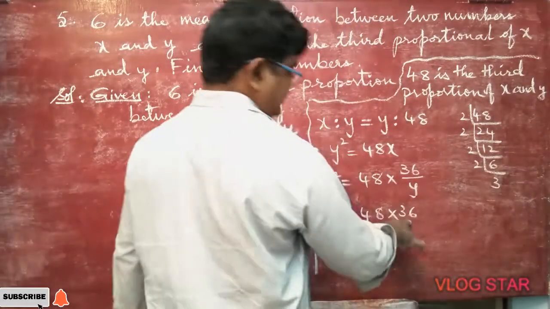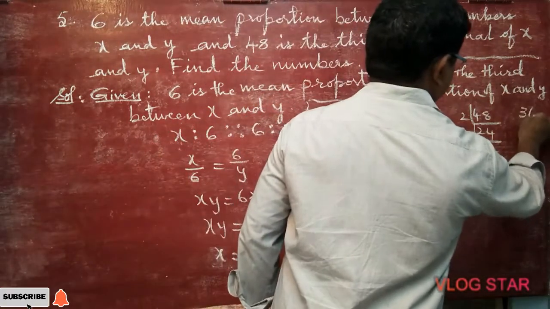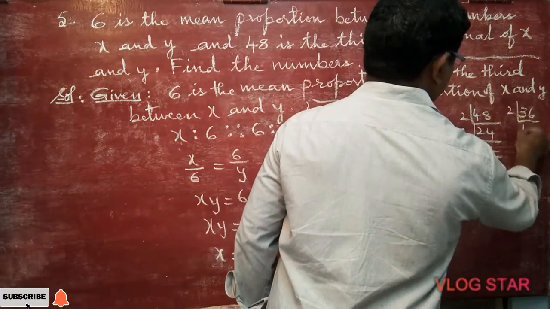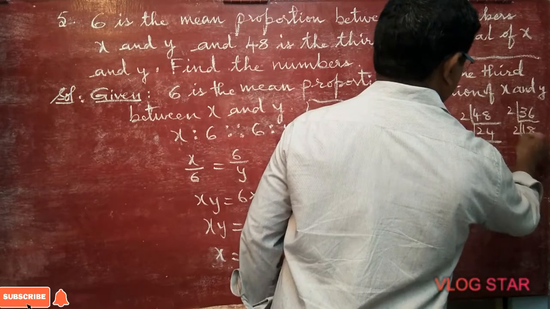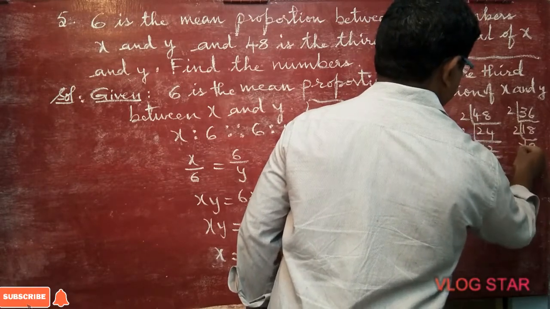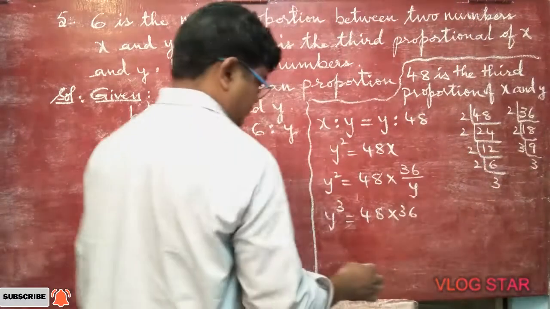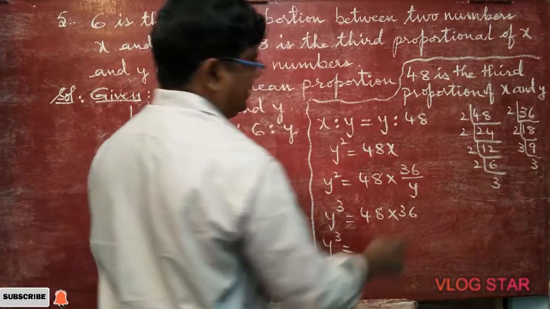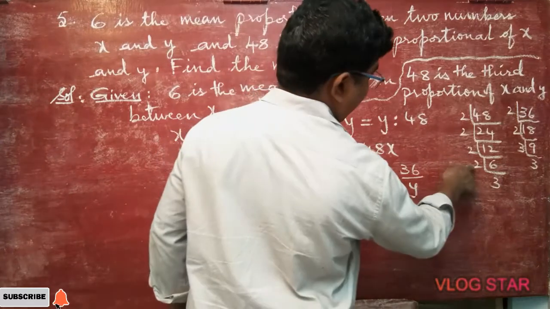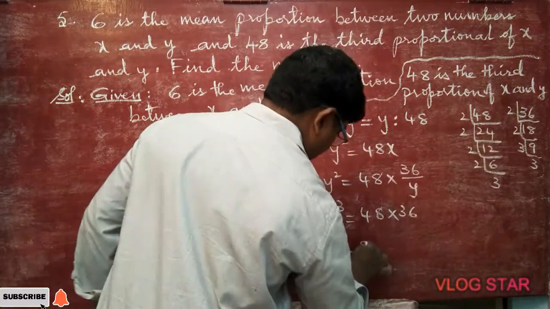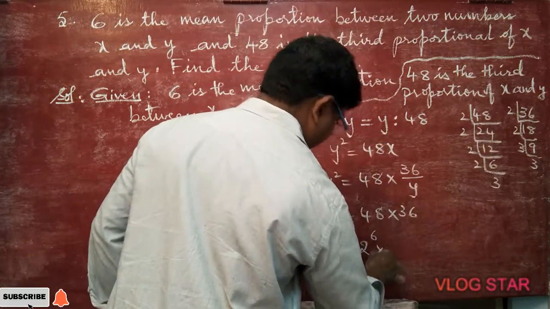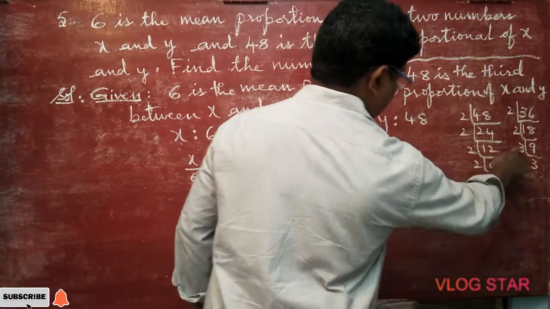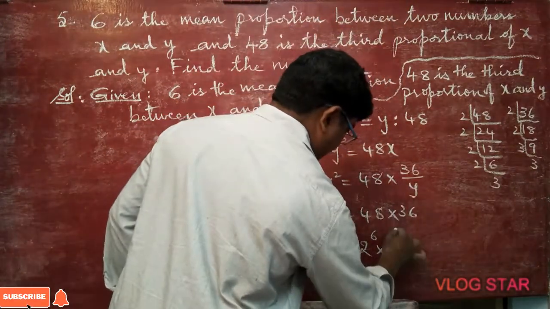Coming to 36. For 36, 2 table goes 18 times, 2 table goes 9 times, 3 3s are 9. Now y cube is equal to, how many 2s came? 1 2 3 4 5 6. 2 to the power of 6 into 3s, 1 2 3, 3 cube.